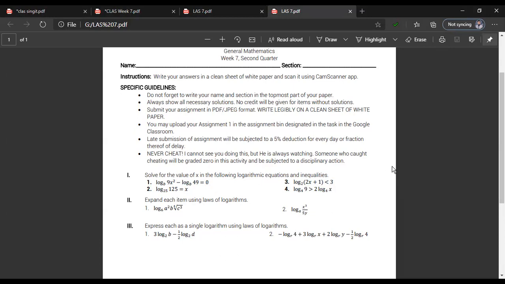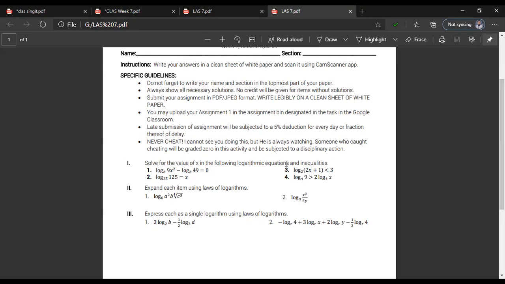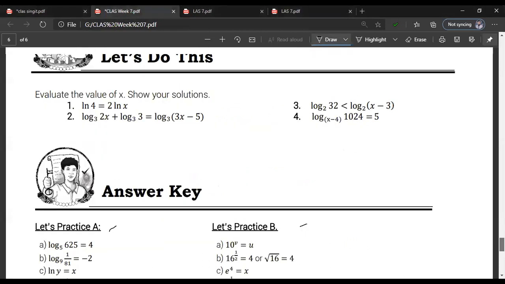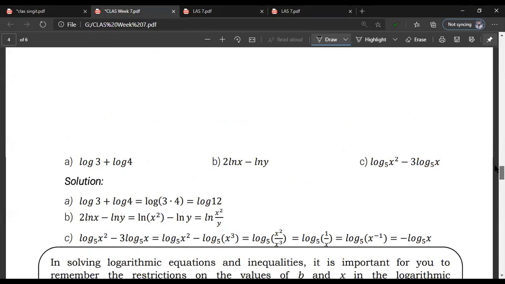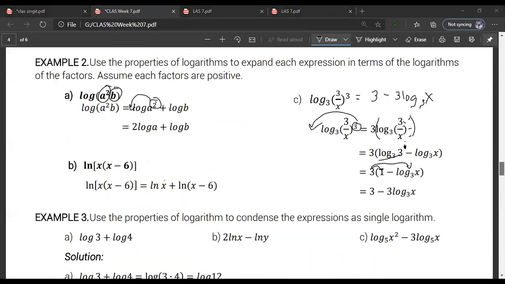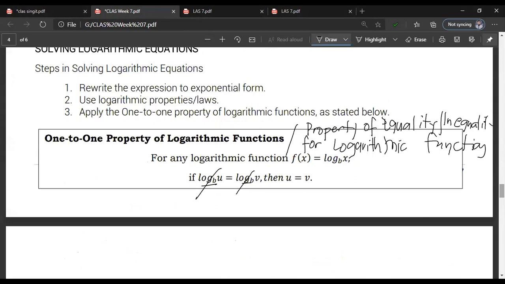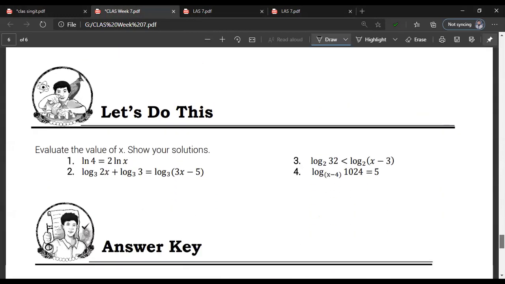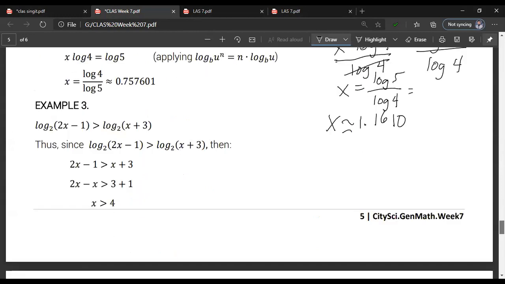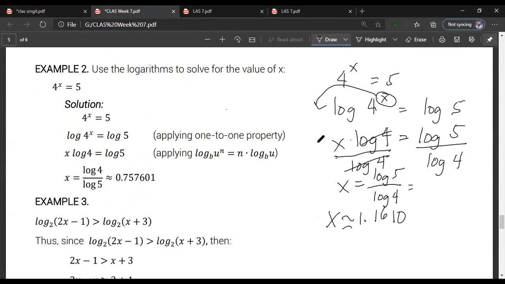Okay. So, may question pa ba? Sige. Sige nga, tanong pa ulit. Kung may questions. Ay, sorry. May question pa, class? Hello?